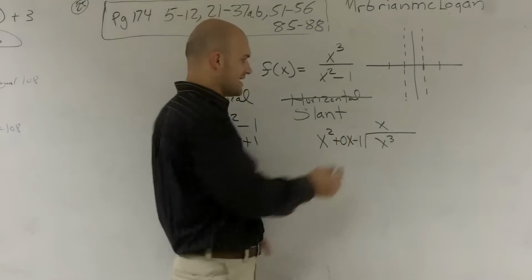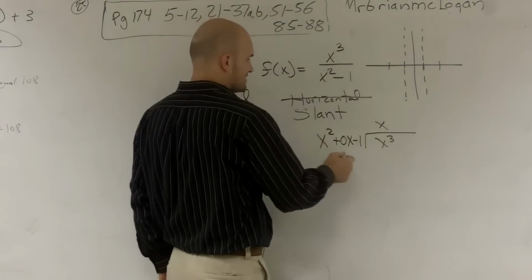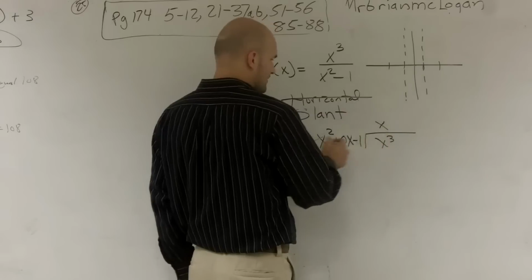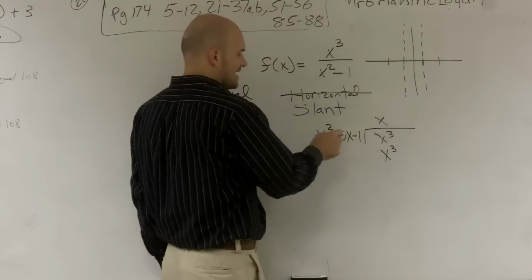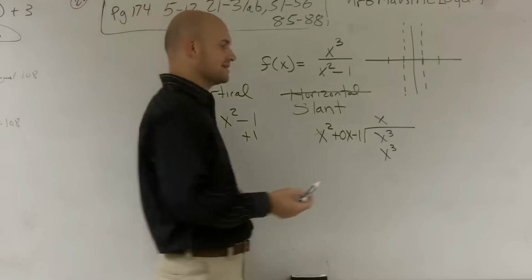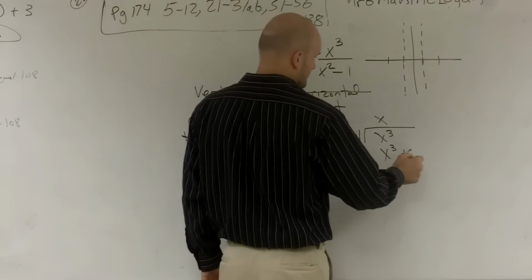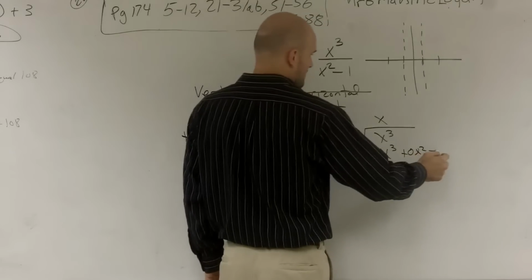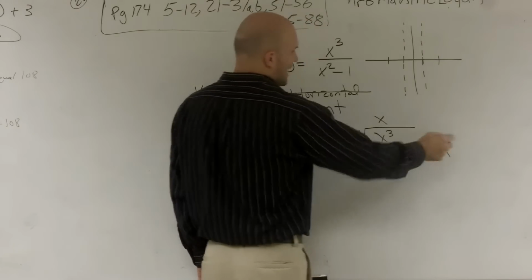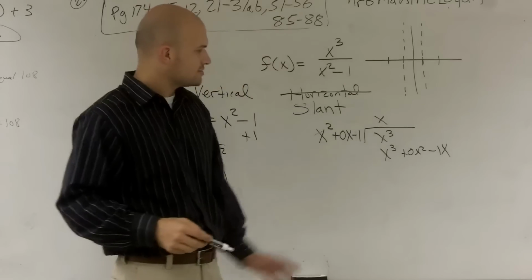So x squared goes into x cubed, x times. x times x squared is x cubed. x times 0x is still going to give me 0x squared. And x times -1 is going to give me a negative 1x. Obviously, I have nothing left over here to bring down.